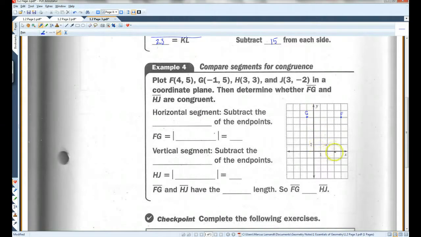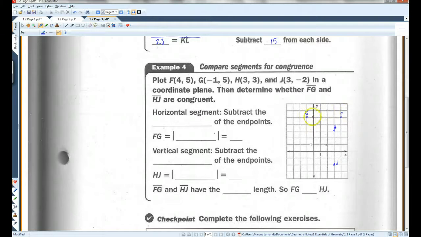H is 3, 3. And J is 3, negative 2. Then determine whether FG and JH are congruent.